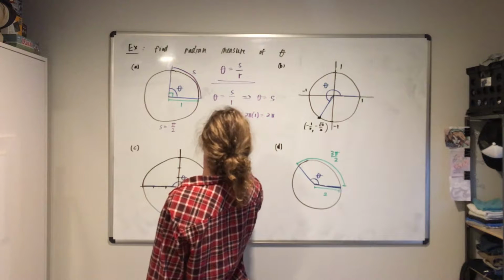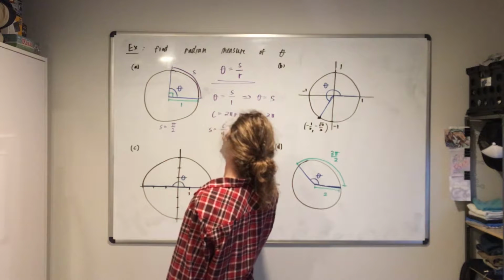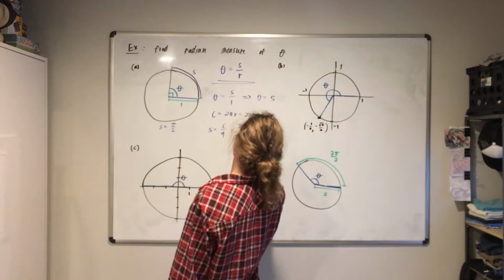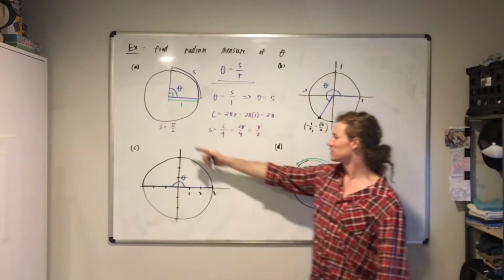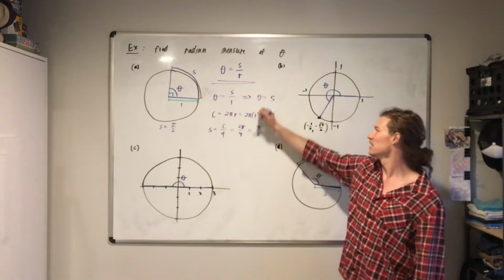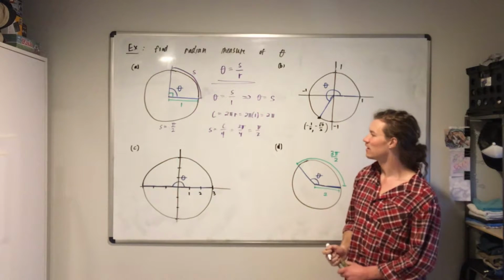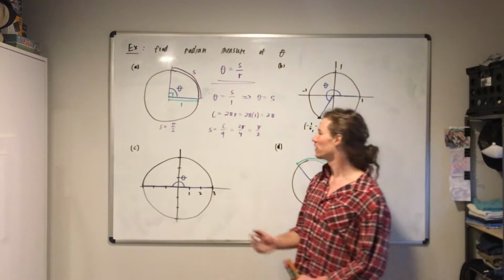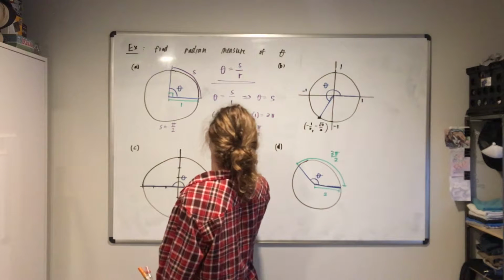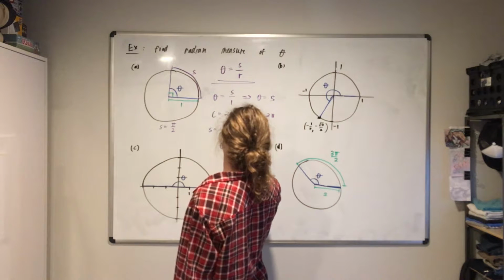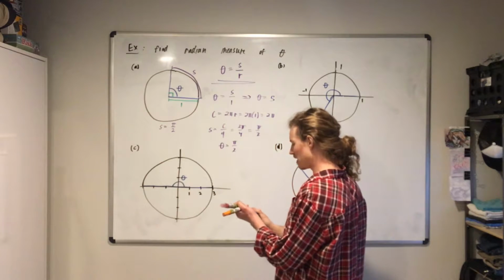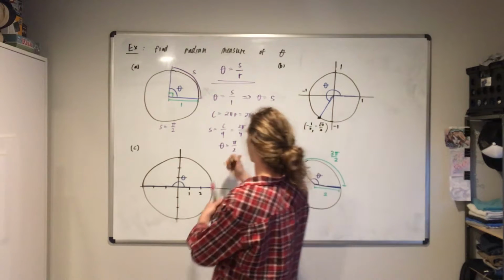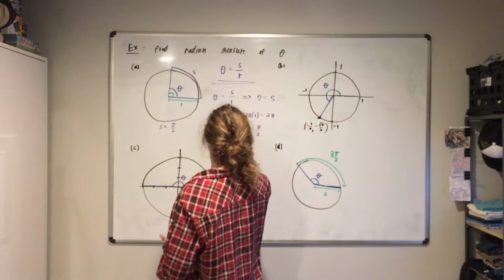So our arc length should be the circumference divided by 4, which is 2 pi divided by 4, which is pi halves. For any of these reasons we could say that the arc length is equal to pi halves. Again, in this case our arc length is exactly equal to theta, so the radian measure of our angle theta in part A is just pi halves radians.